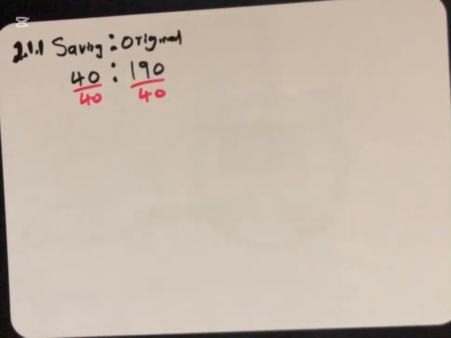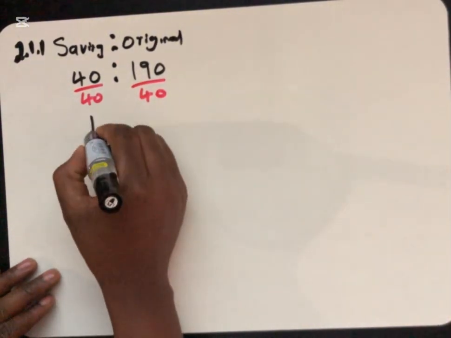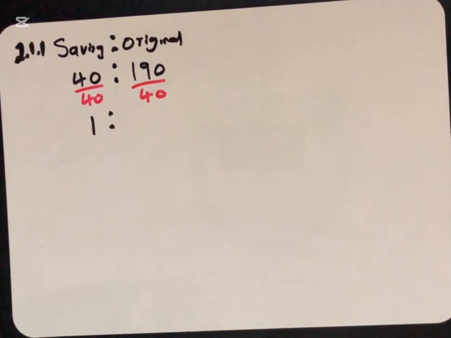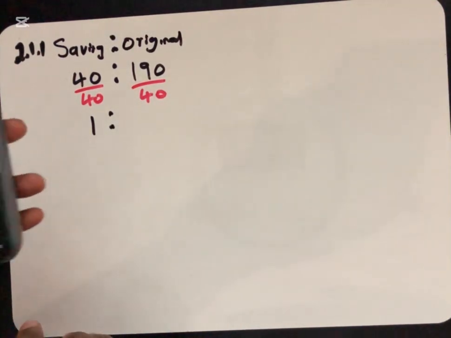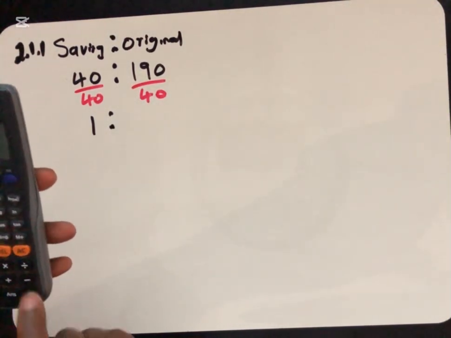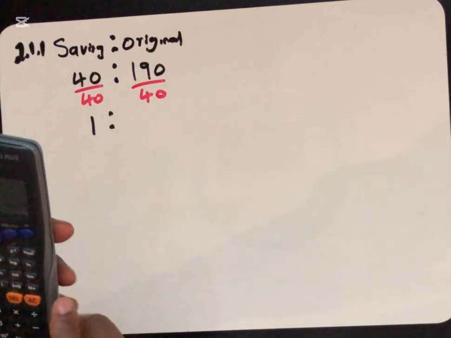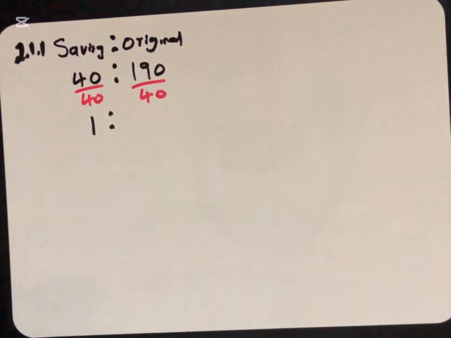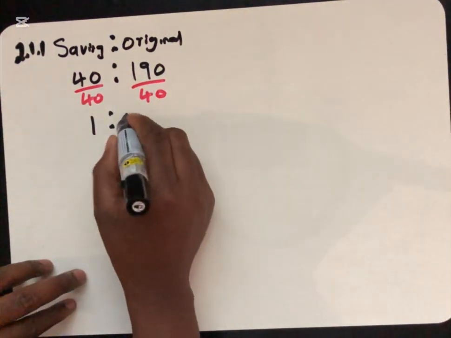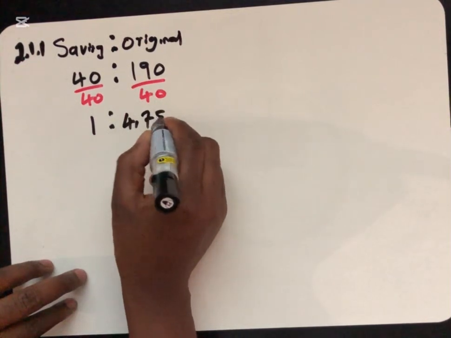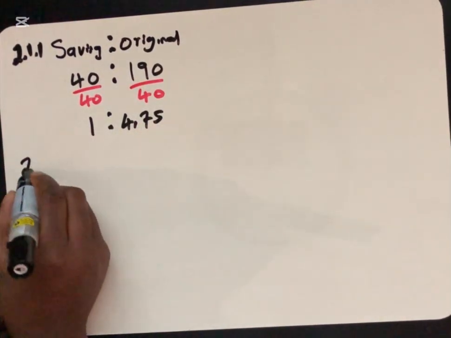So now we have that form of 1 is to something. Then the other side, you do the same thing. 190 divided by 40, we found that is 4,75. You can write it the way it is, 4,75.